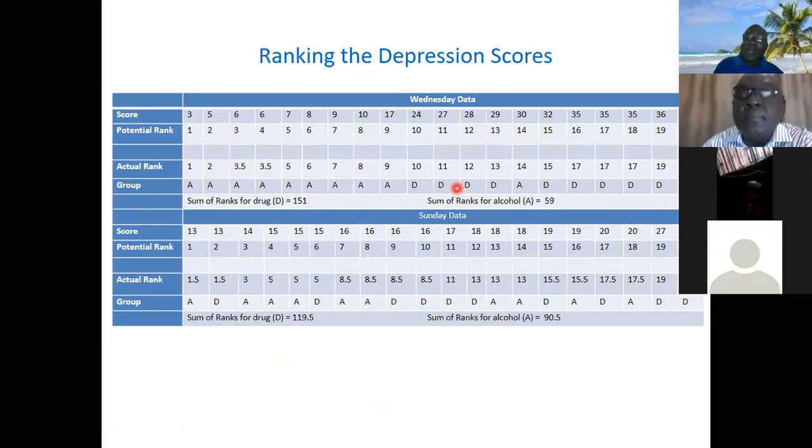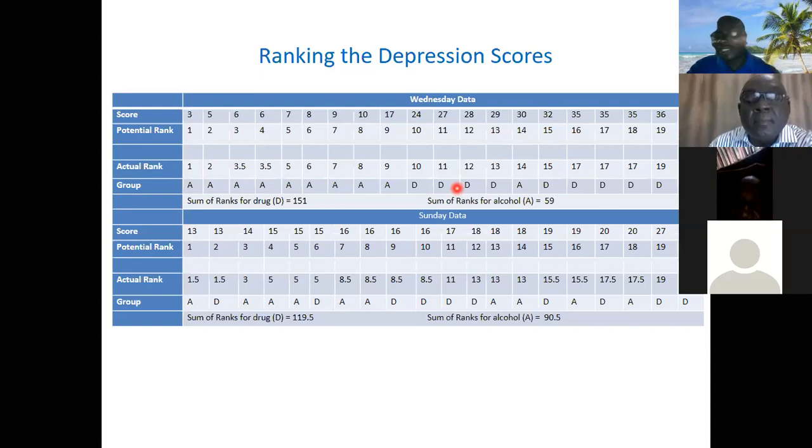So by the time you have the ranks, the sum for alcohol is 59 and the sum for drug is 151. So you can see that the sum of ranks for drug is higher.